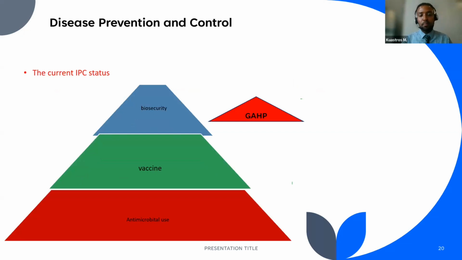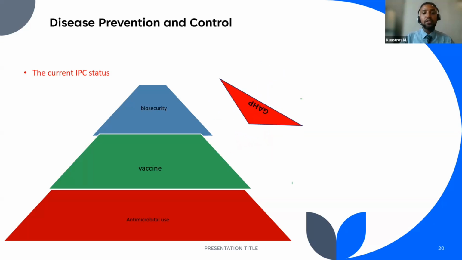But what is happening on the ground now in most developing countries is the inverted pyramid. You know, they consider antimicrobial use the easiest, but it is the wrong one. Good animal health, disease prevention, and good animal husbandry practice come at the tip of the pyramid, which is the wrong strategy.